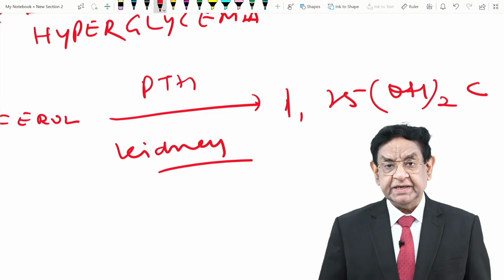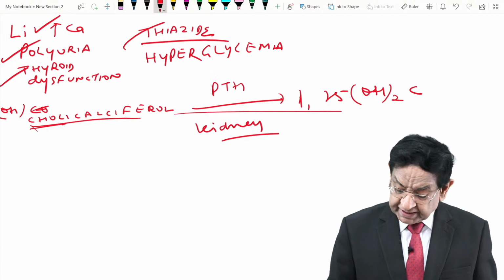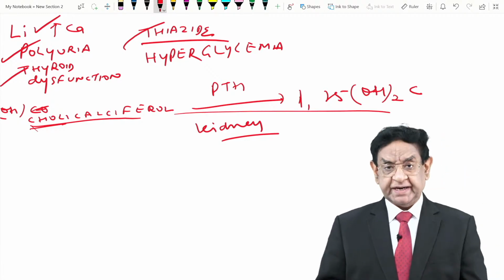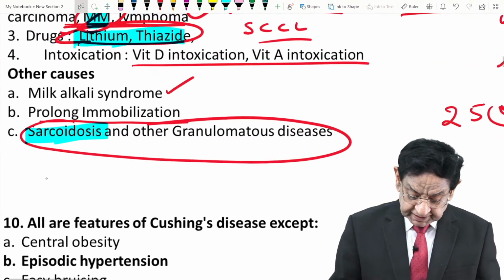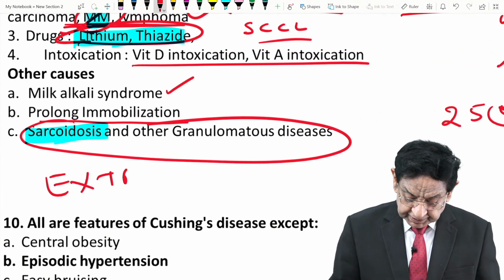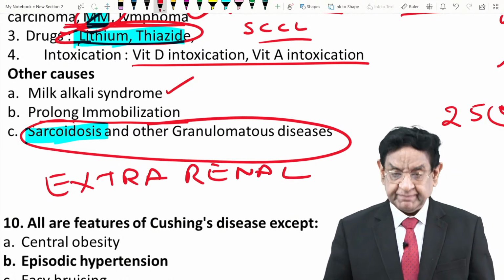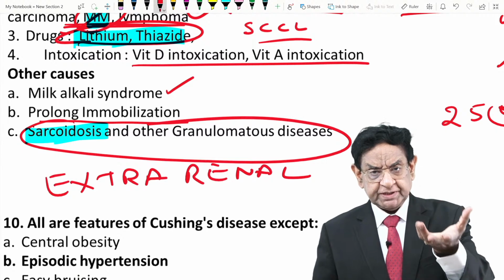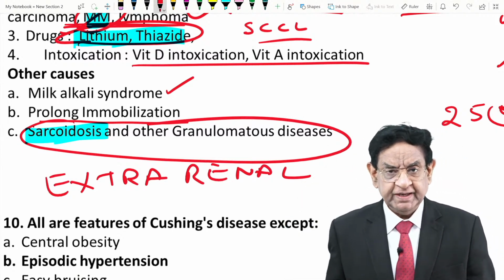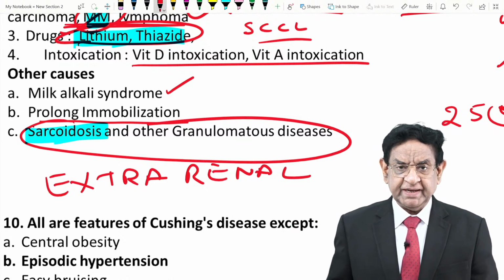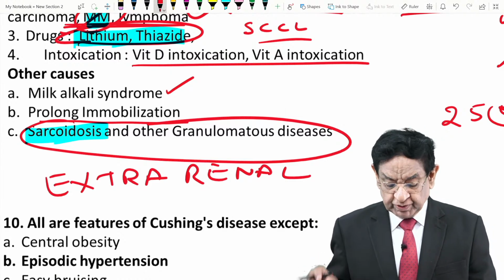But in conditions like sarcoidosis, this reaction can occur outside the kidney also, what we call extrarenal formation of vitamin D. So granulomatous tissue themselves can make vitamin D. That means there is another factory where they are making vitamin D, and that's the reason why it can lead to hypercalcemia.